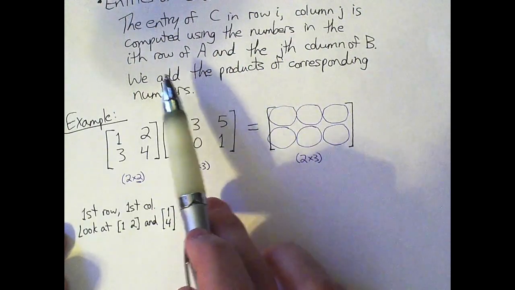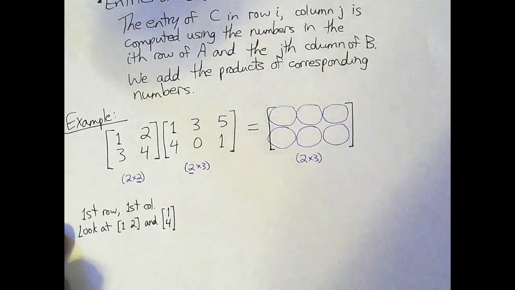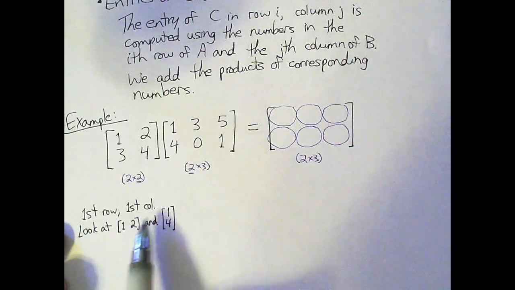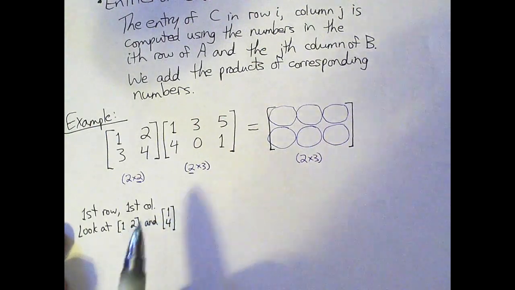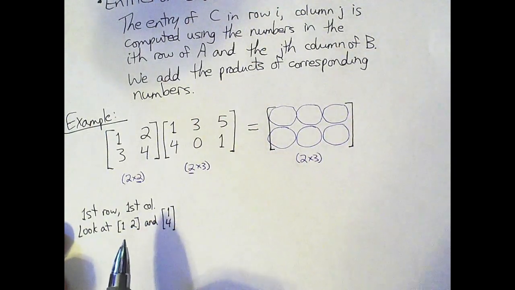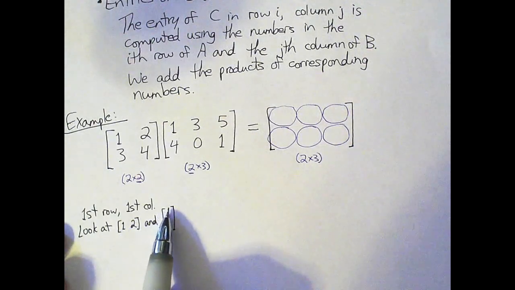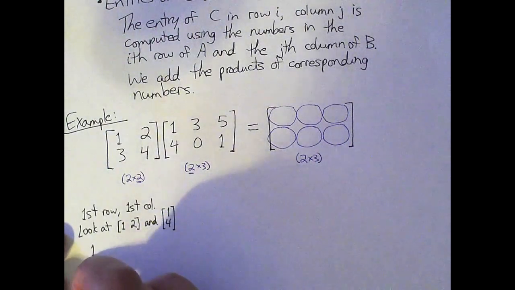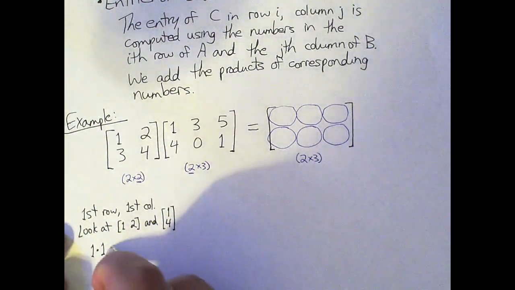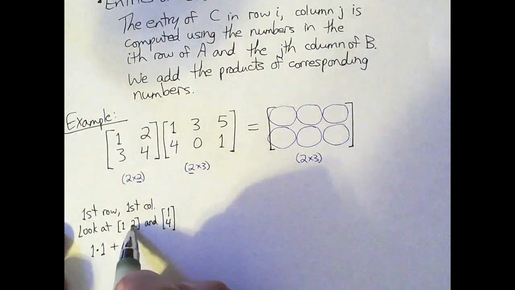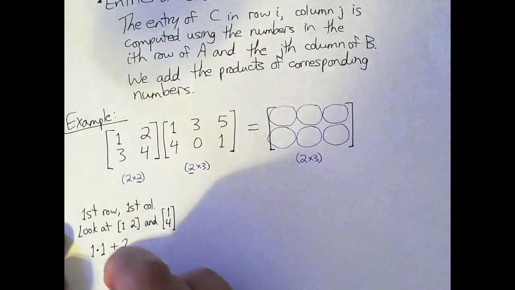It says we add the products of corresponding numbers. So there's a 1, a 2, a 1, a 4. What do I mean by adding the product of corresponding numbers? Well, I'm going to say the first entry of this times the first entry of this, 1 times 1, plus the second entry of this times the second entry of this.